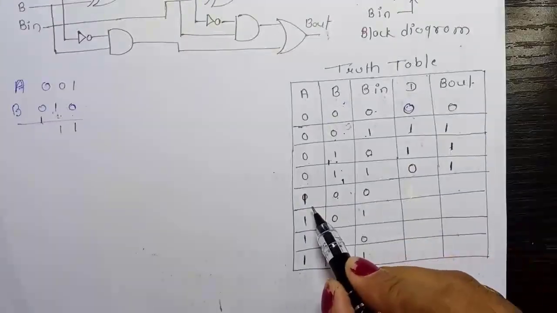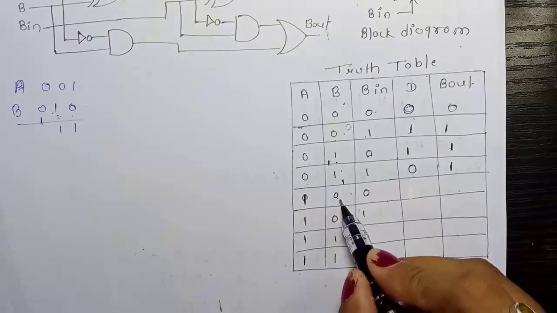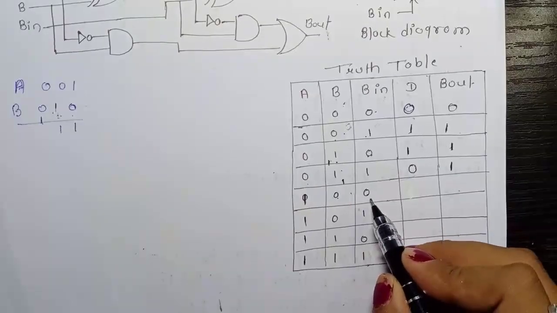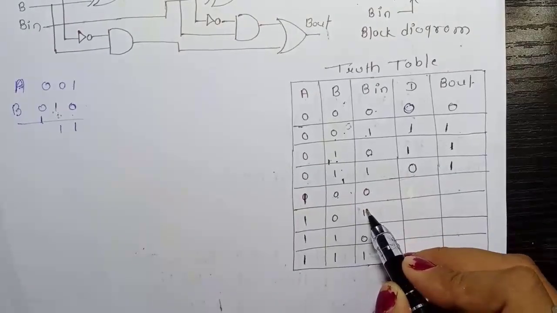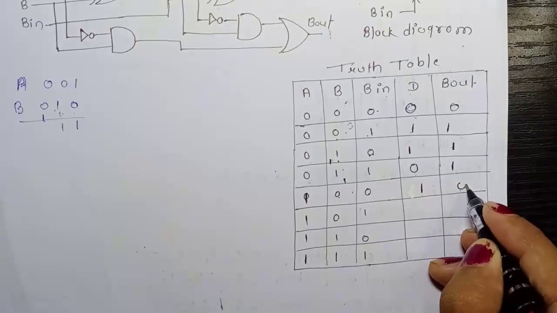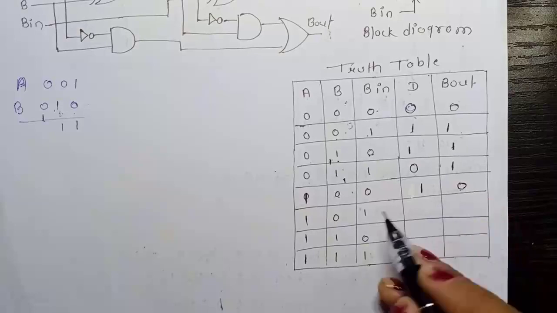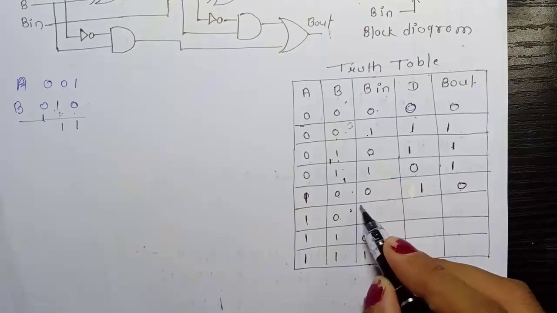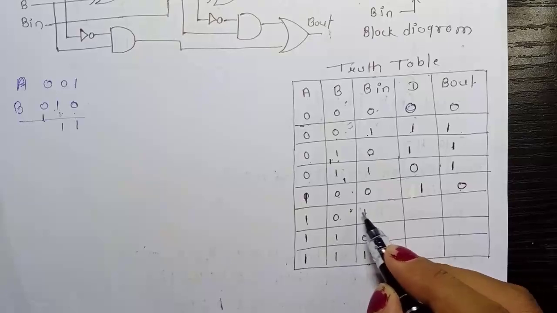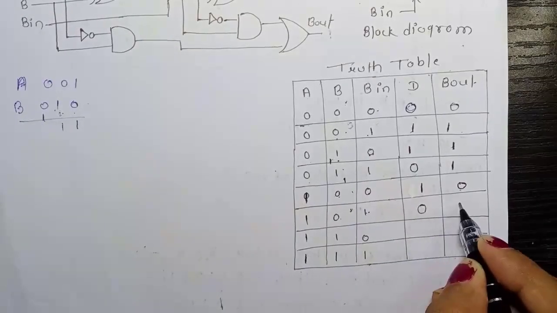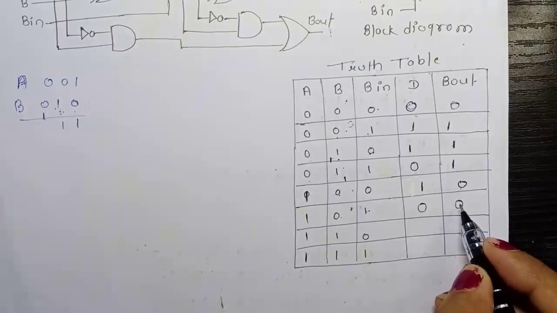Now this is 1, 0, 0. So 1 minus 0 is 1. That 1 again subtracting with this 0. So next 1 minus 0, your difference is 1 and your borrow is 0. So again here 1 minus 0 is 1. This 1 is subtracted with the 1, that is 1 minus 1 is 0 and borrow is 0 in this case.